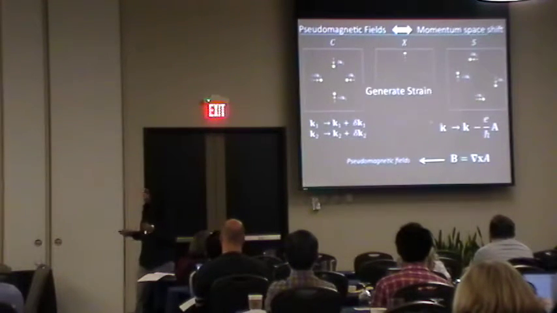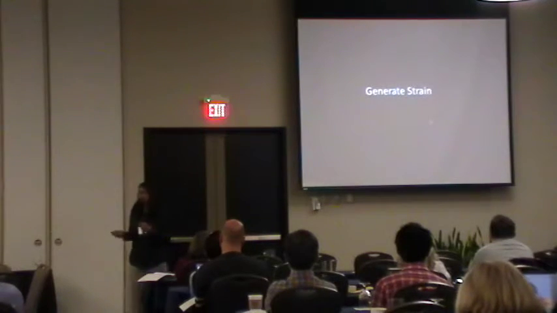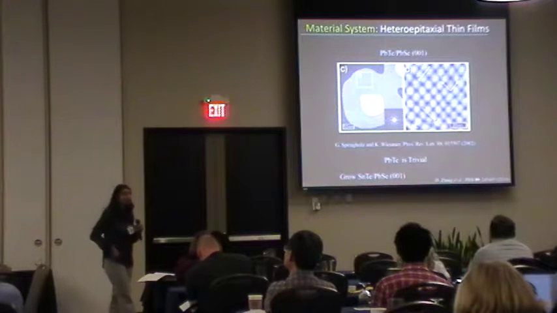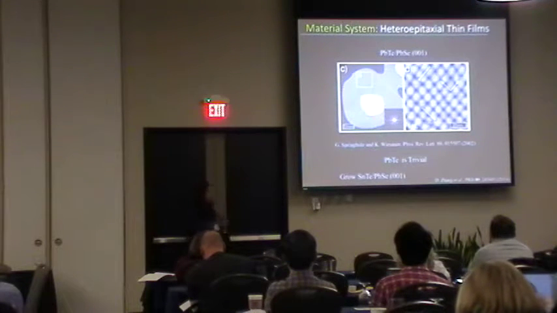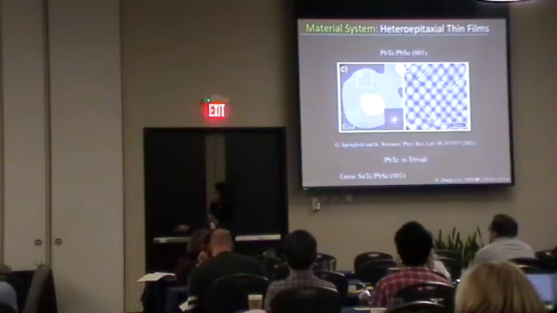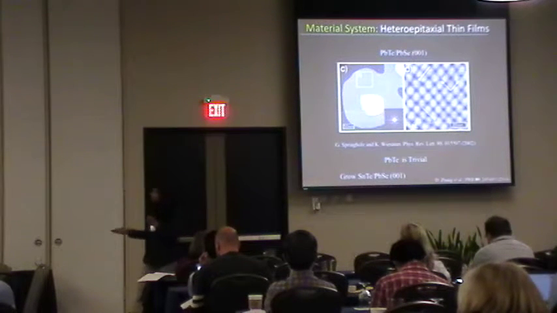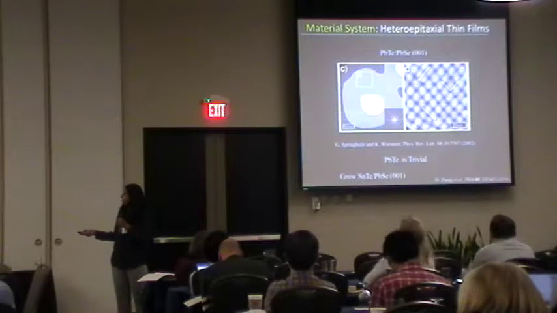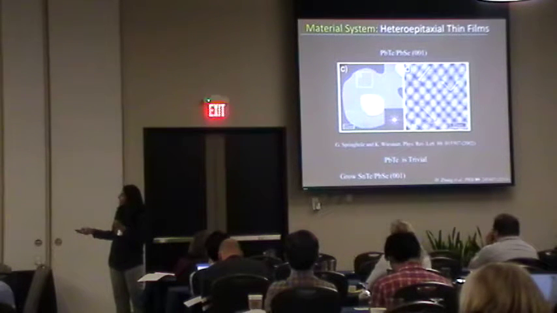Okay. So how do you generate strain, especially spatially varying strain? You can do it using epitaxial thin film growth. So here, actually, this is a work that was done quite a while ago in 2002. They grew lead telluride on lead selenide, I think.